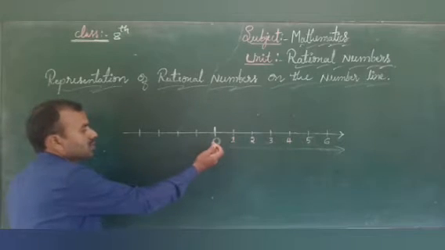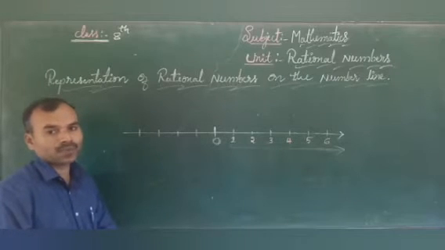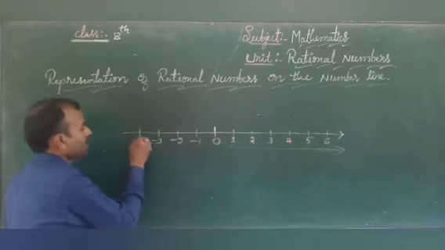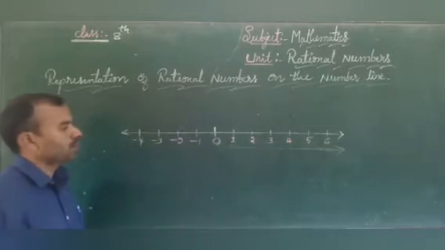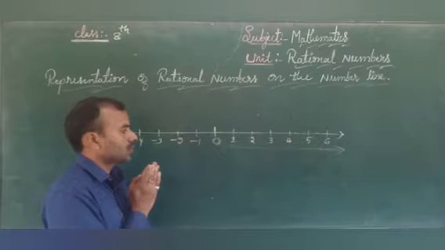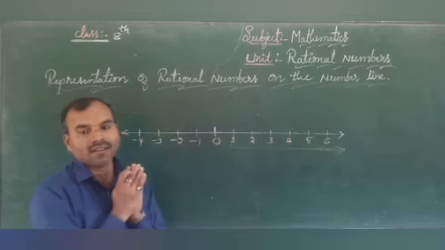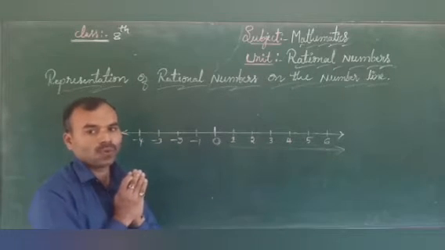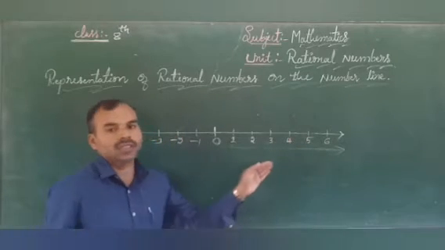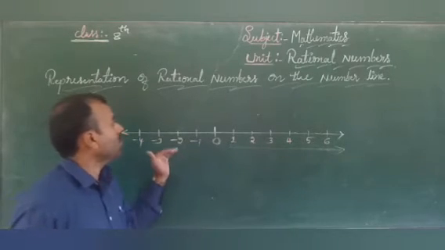Negative numbers start from 0 on the left side of the 0. Here -1, -2, -3, -4 and so on. The number line extends on both sides of the 0, right side and left side. This is the method of representing integers.